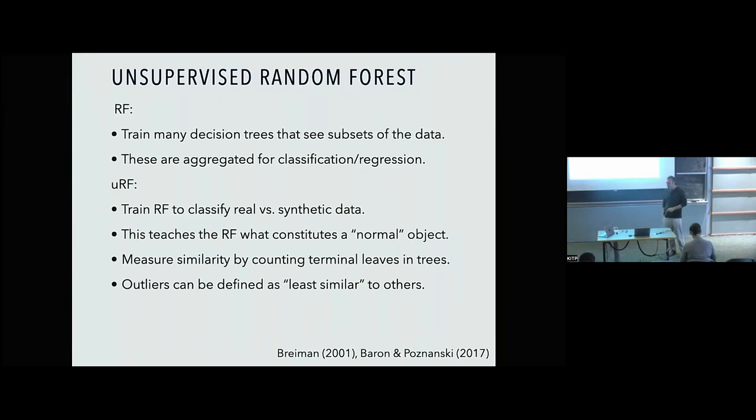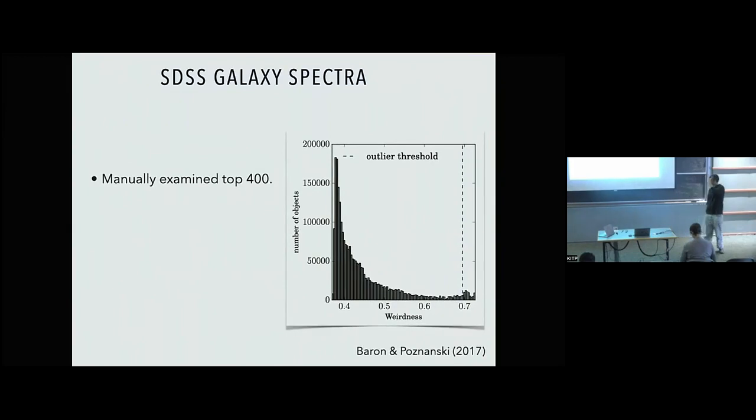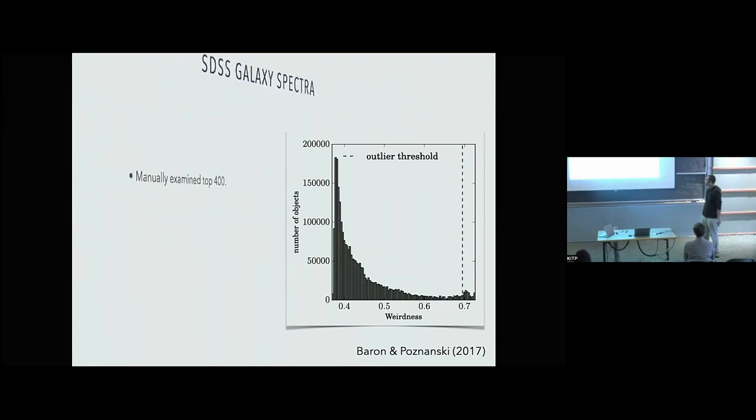Once you have that, you can look at outliers as the objects that are least similar to all the others, or other definitions. So we started doing that back in 2017, and we essentially sorted all the galaxy spectra in Sloan. At the time, I think there were about 2 million. And we looked at the 400 most outlying, or the weirdest. This is sort of the cutoff there.